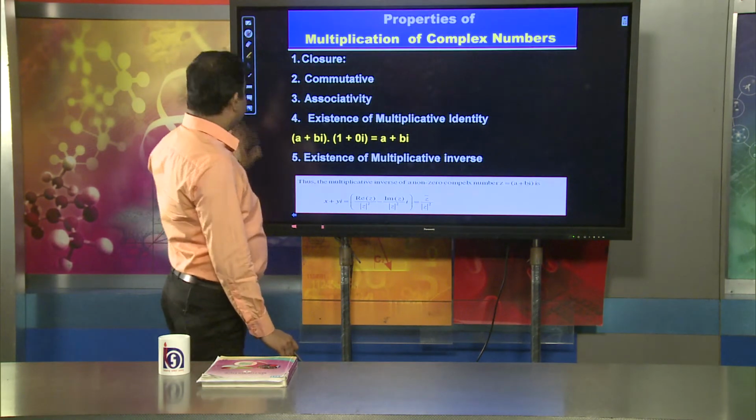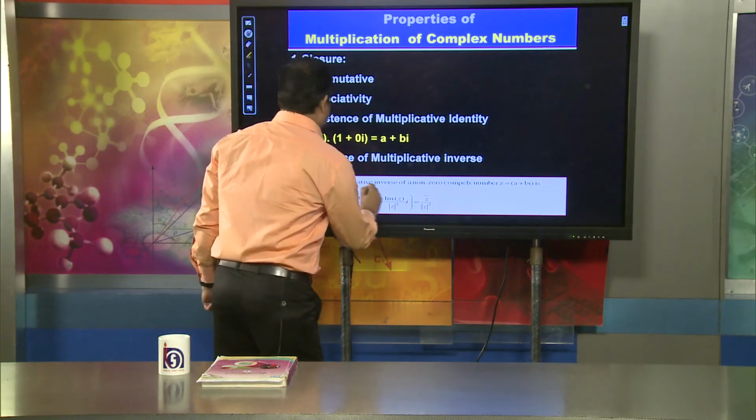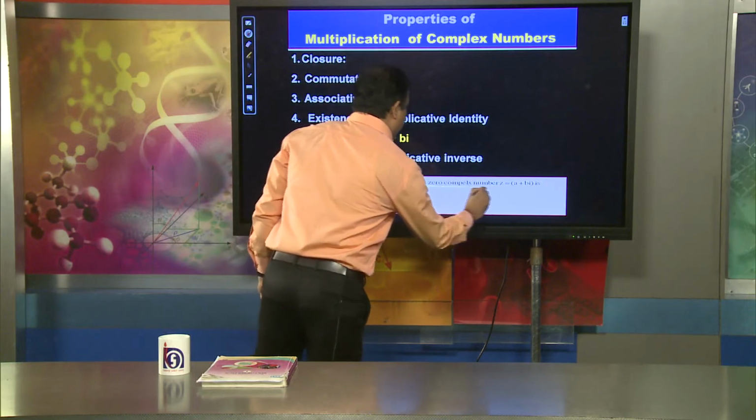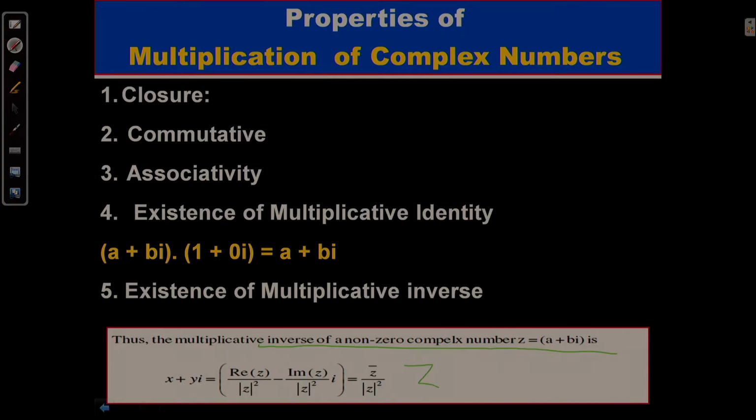The multiplicative inverse for a non-zero complex number z is z conjugate divided by z modulus whole square.